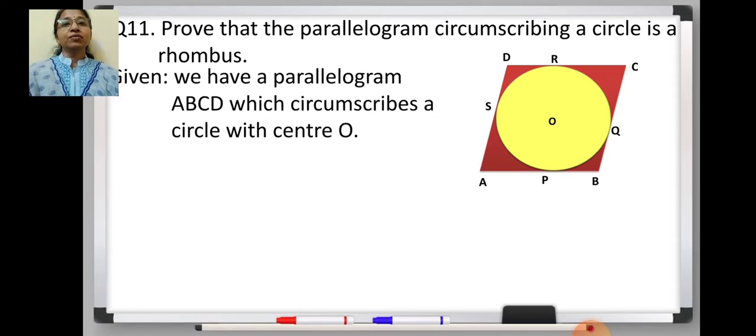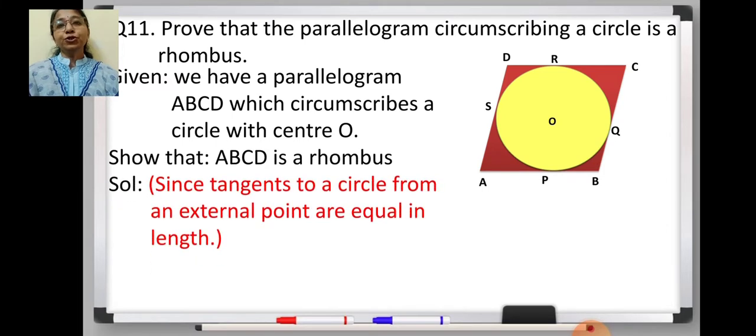So given, we have parallelogram ABCD, this is that parallelogram circumscribing a circle with center O. Now show that ABCD is a rhombus.